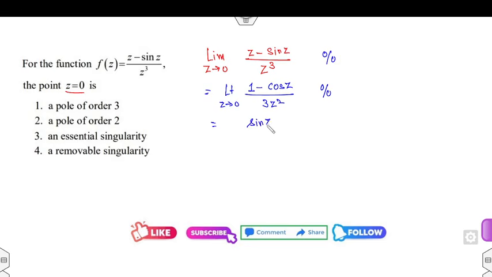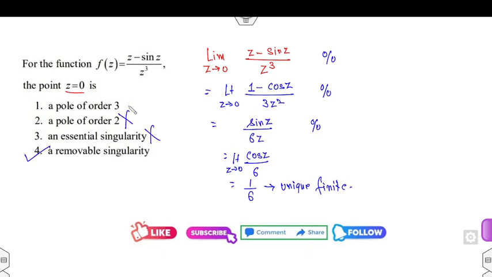Applying it again, it's sin z over 6z. Again 0 by 0 form, so cos z over 6. As z approaches 0, the limit is 1 over 6, which is unique and finite. That means we call it a removable singularity. Essential and pole are all cancelled.